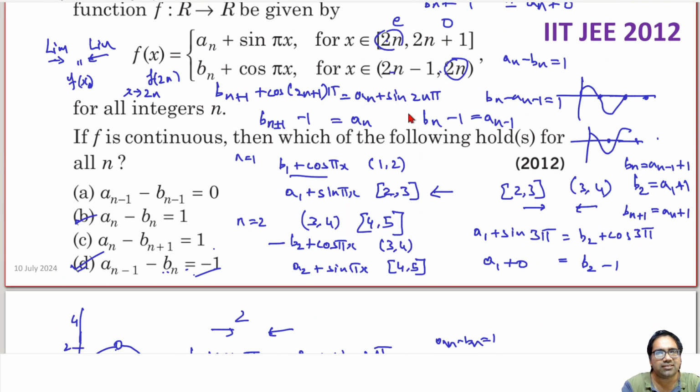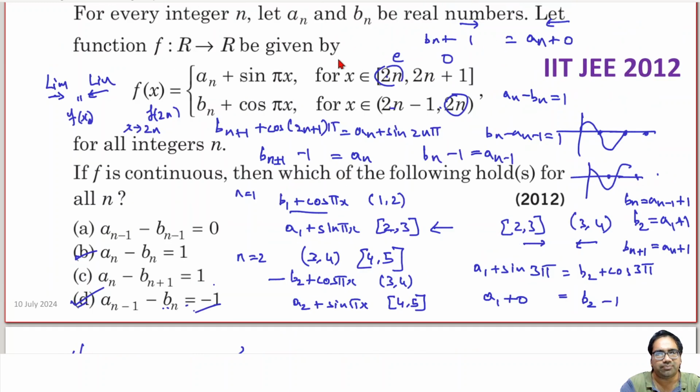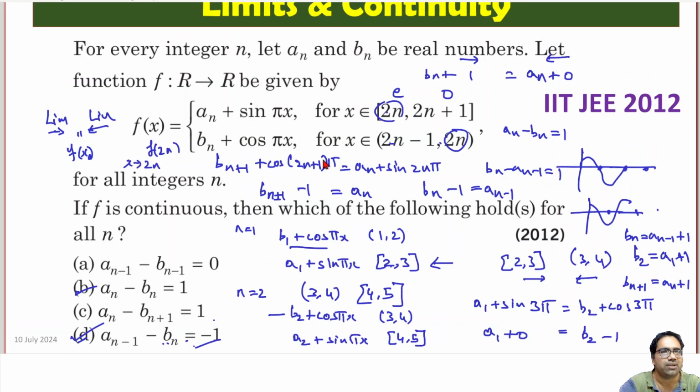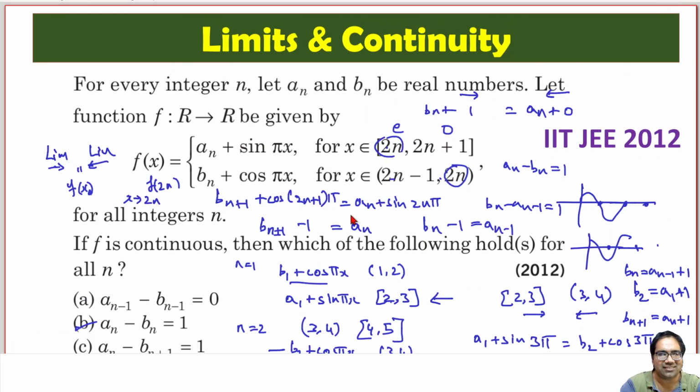In this case, because there is a closed bracket on one side, the limit as well as the value of the function is the same. On the other side it is an open bracket, so from one side we are taking the limit, and on the other side we are taking the limit as well as the value of the function, and we are trying to match both sides. Right guys, simple problem, basic substitution. Right, thank you.